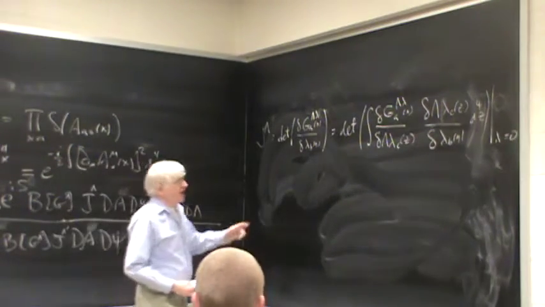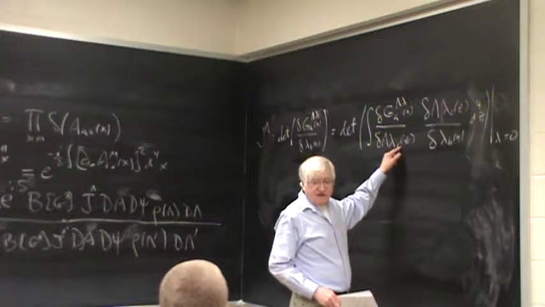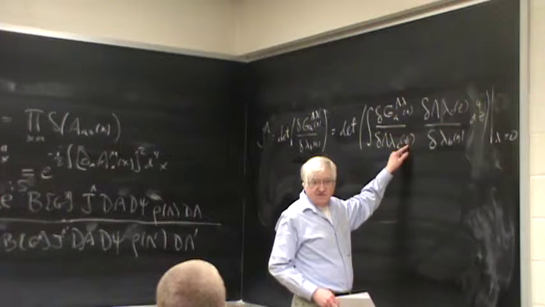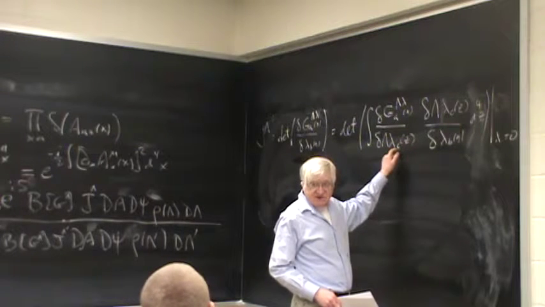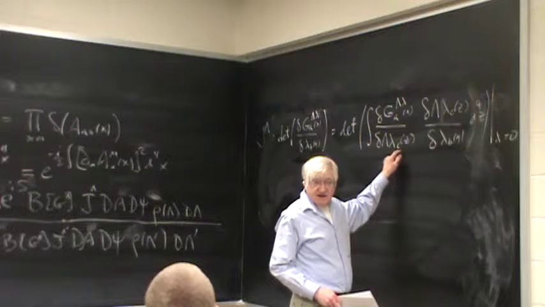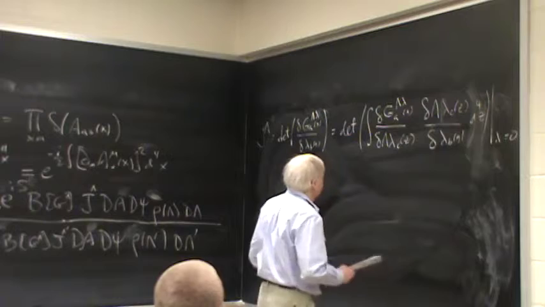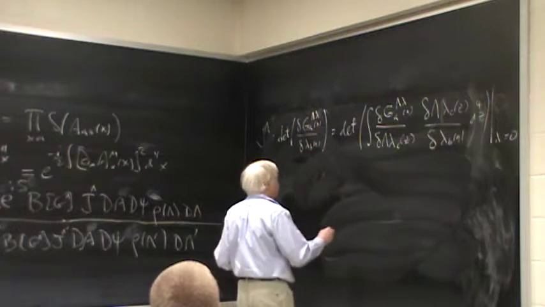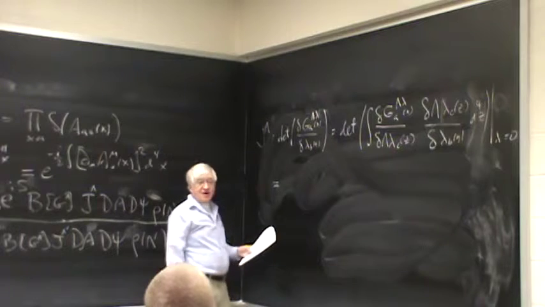Well, this is a product of matrices. The matrix now is a matrix with rows and columns of space-time times the discrete index, the Lie algebra index. But the determinant of a product is a product of determinants.